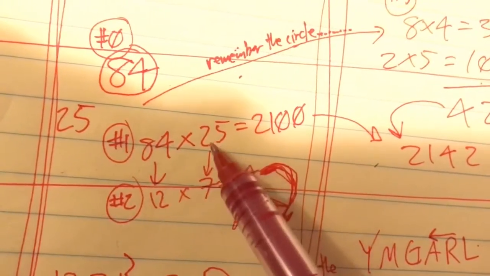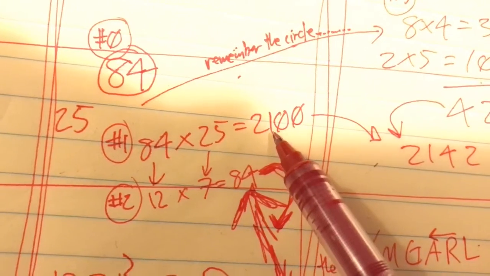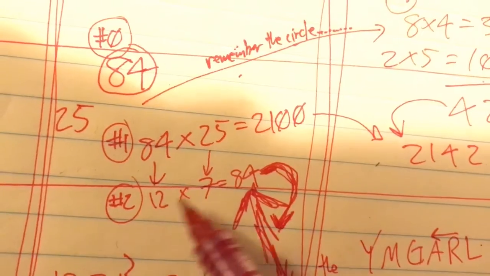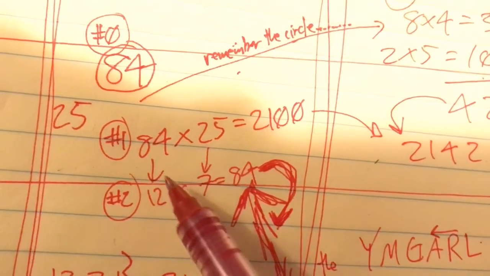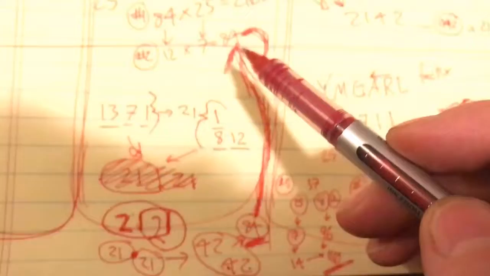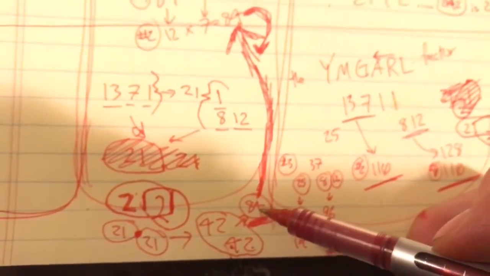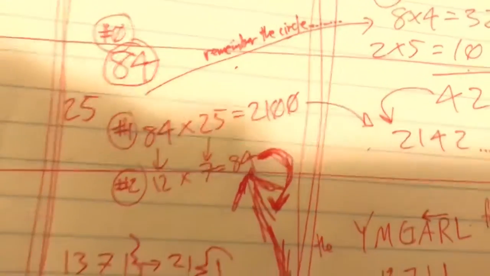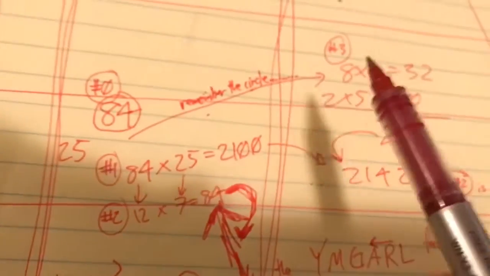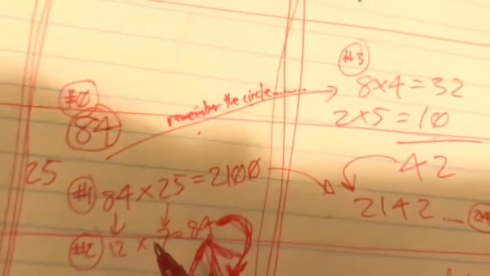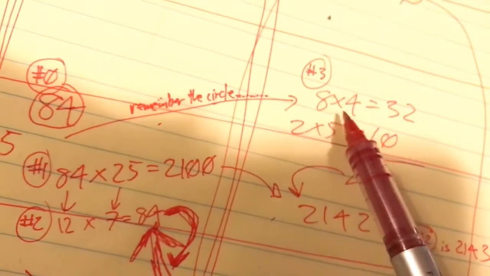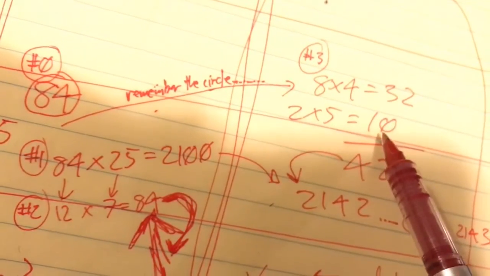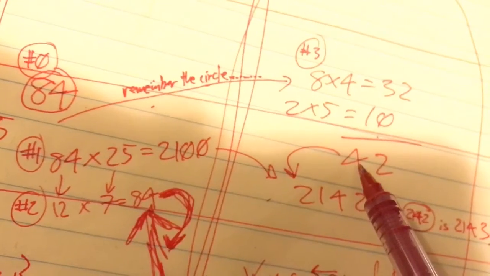Well, 84 times 25 is 2100. 8 and 4 is a 12, and 2 and 5 is a 7, and 12 times 7 is 84. Not only that, 8 times 4 is 32, and 2 times 5 is 10. 32 and 10 is 42.